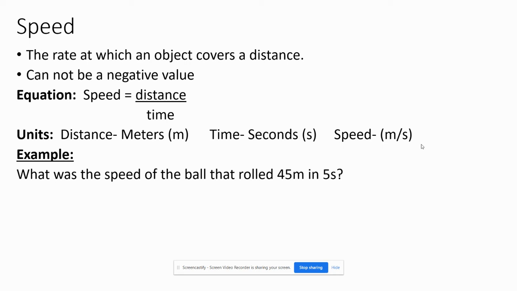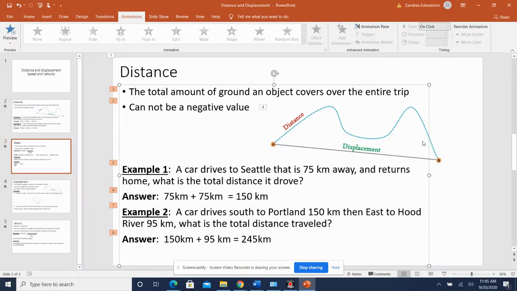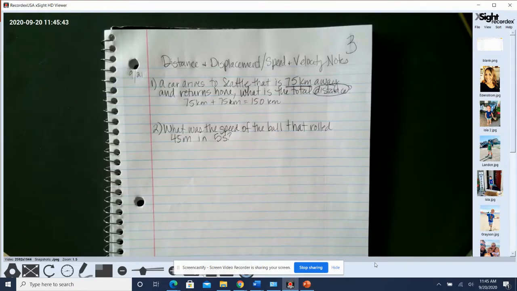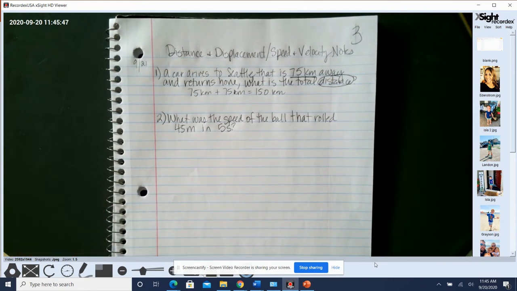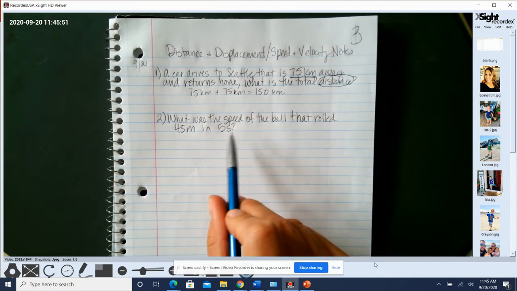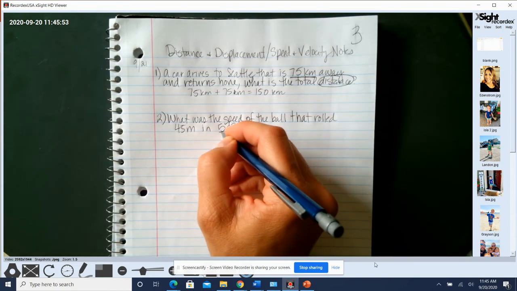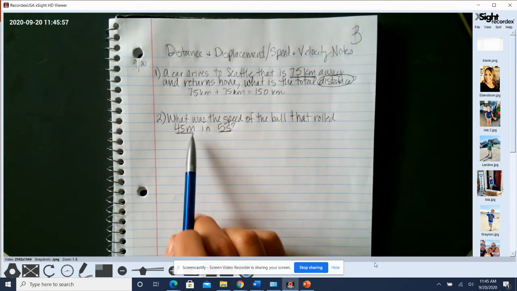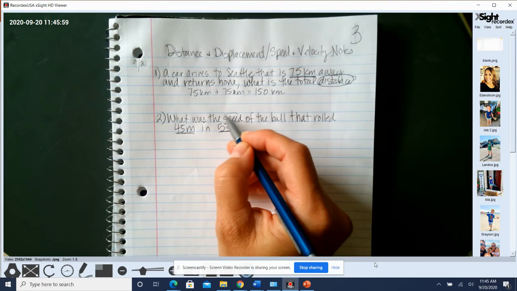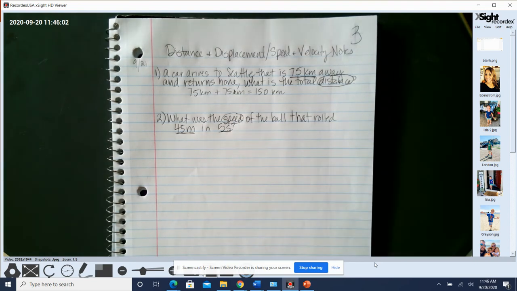So we're going to do this the same way. I'm going to jump up here and walk you through how we do that. So again, remember what I told you. We want to underline what we're given. So we're given 5 seconds and we're given 45 meters. So we're given a distance and a time and we're looking for speed. So circle what you need.